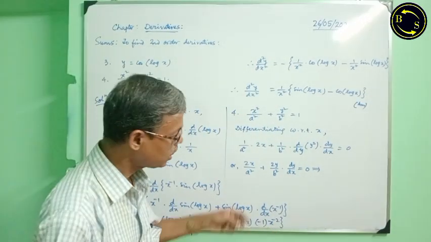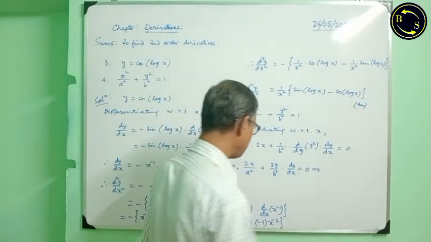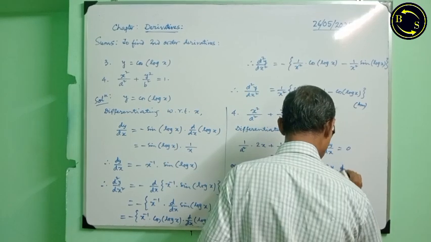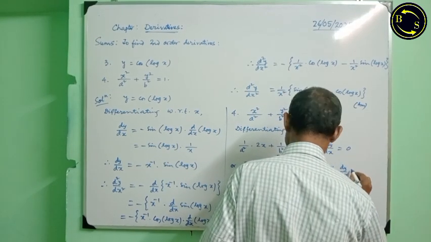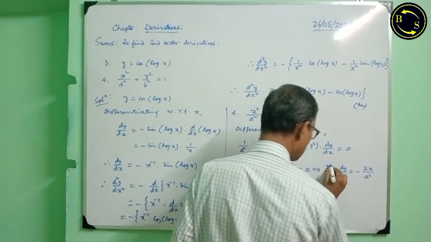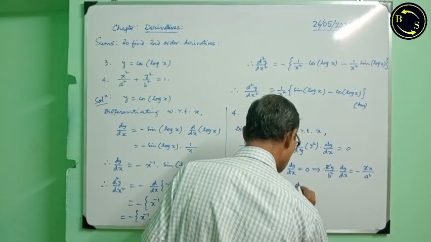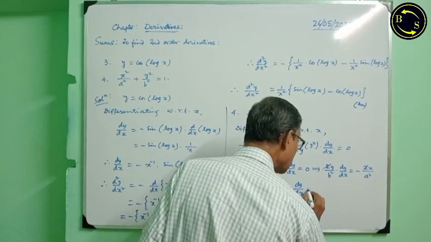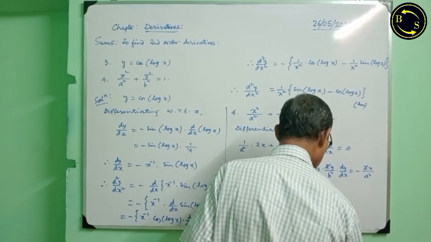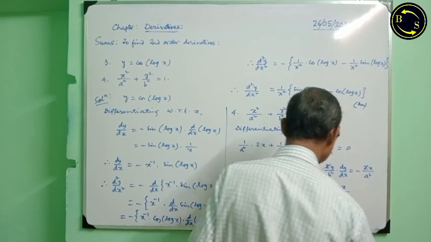To find dy/dx, we keep this dy/dx term on the left side and the other on the right. 2y/b square into dy/dx is equal to minus 2x/a square. Then these two are cancelled. Therefore, dy/dx is equal to minus b square/a square into x/y.